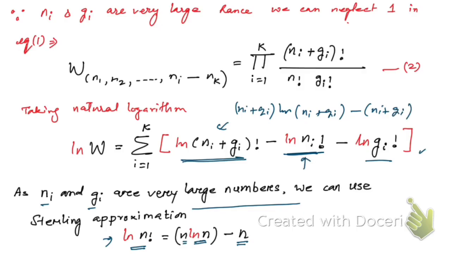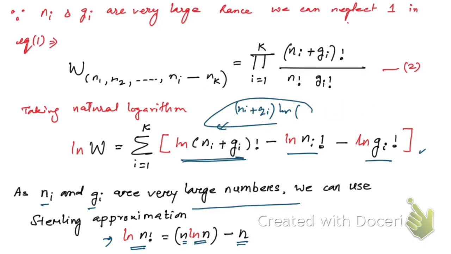Similarly we apply it here and here: we get ni ln ni minus ni, and gi ln gi minus gi. Because of the minus signs, these become plus. If we use this approximation, the equation becomes of this form. Let me go to a new slide and clean this.